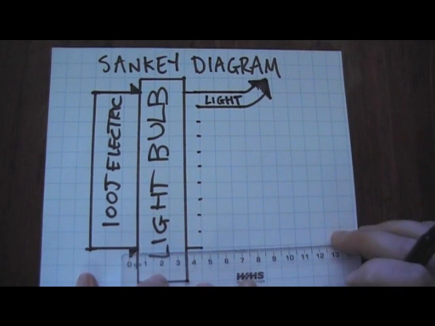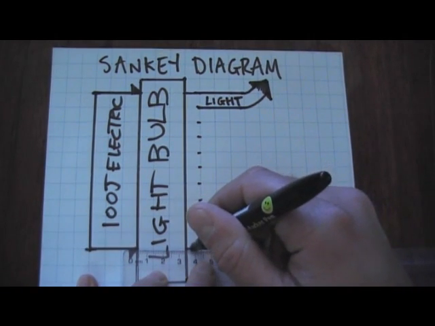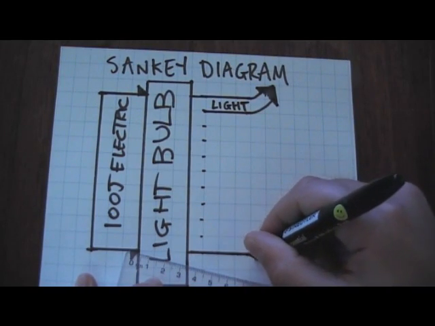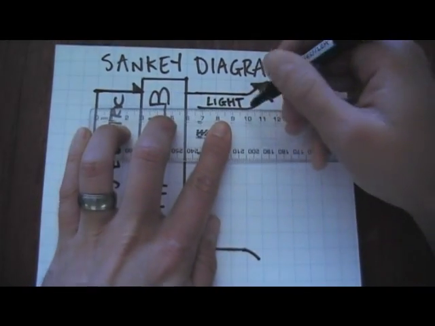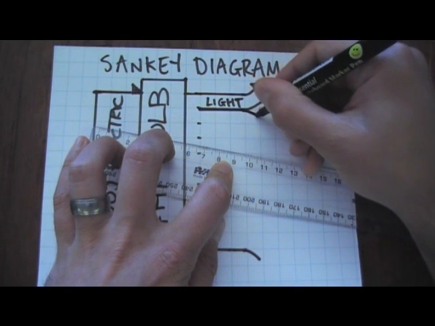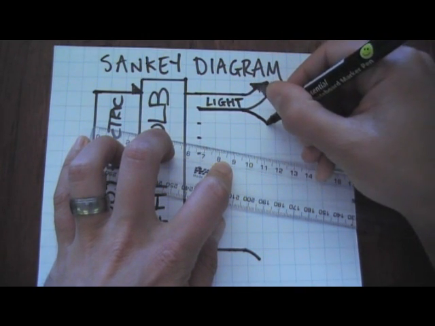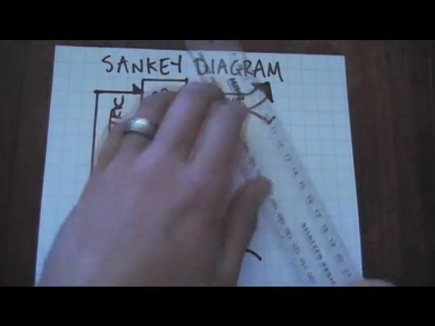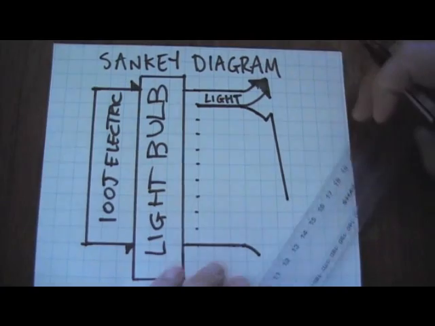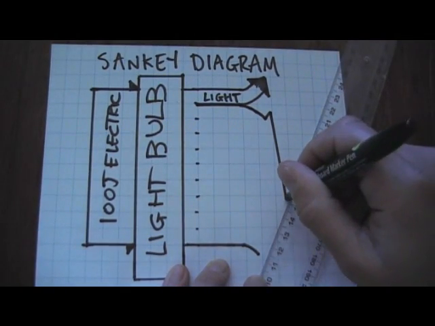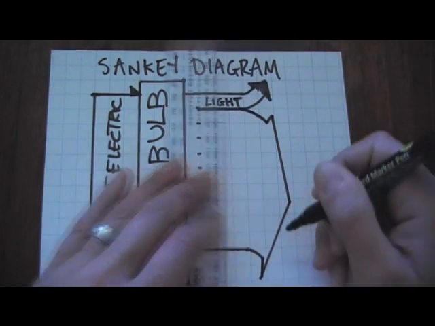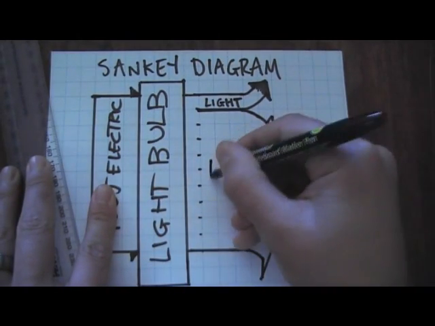Now, the rest of the energy becomes heat, and so therefore you can separate off the rest of the energy, representing 90 joules, like so, to become an arrow the same as the other.